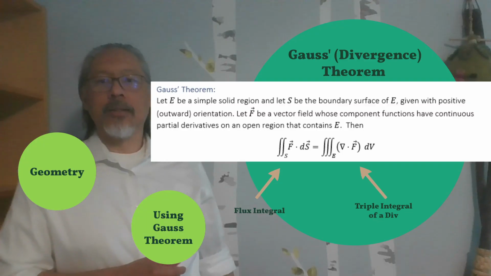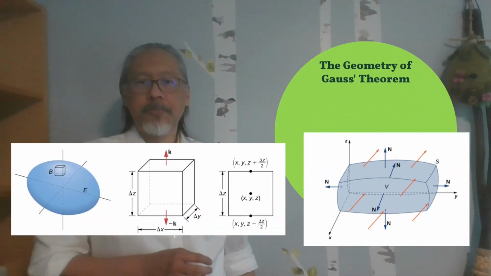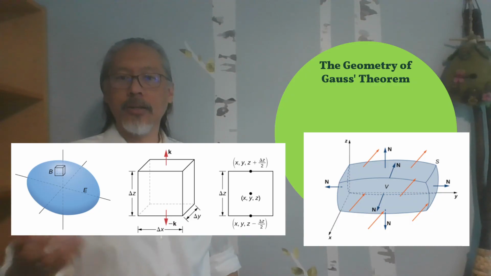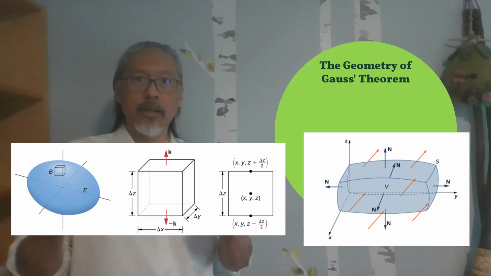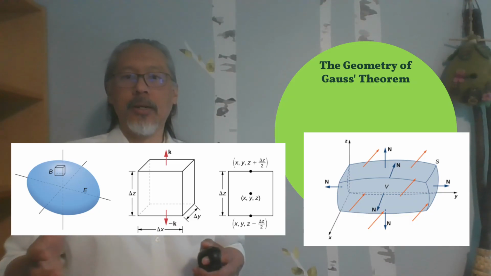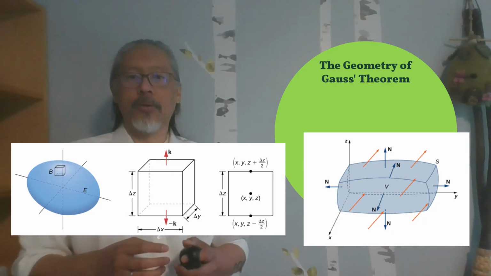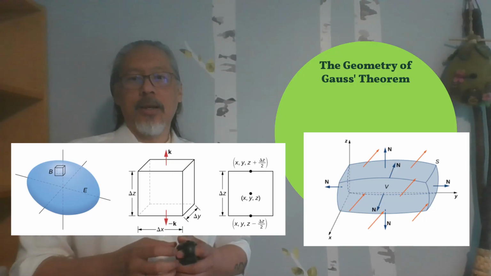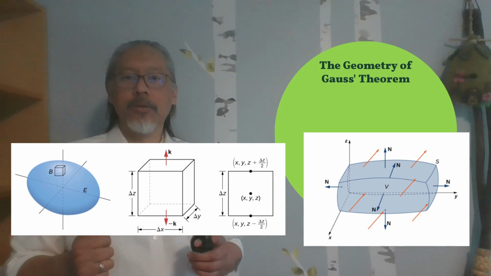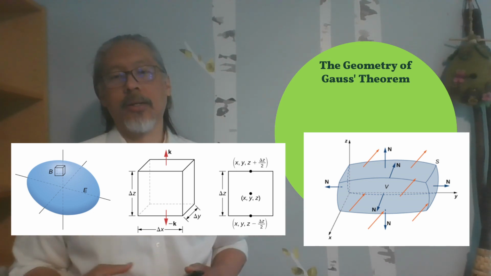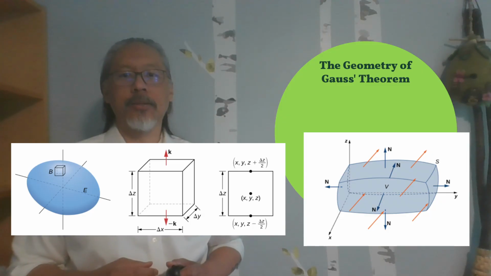Let's take a look at the geometry of Gauss. In the triple integral, you're looking at a solid, and each of these solids can be broken up into sub-cubes or boxes, and then for each of these boxes we can measure the divergence, what's happening going outward out of these boxes.